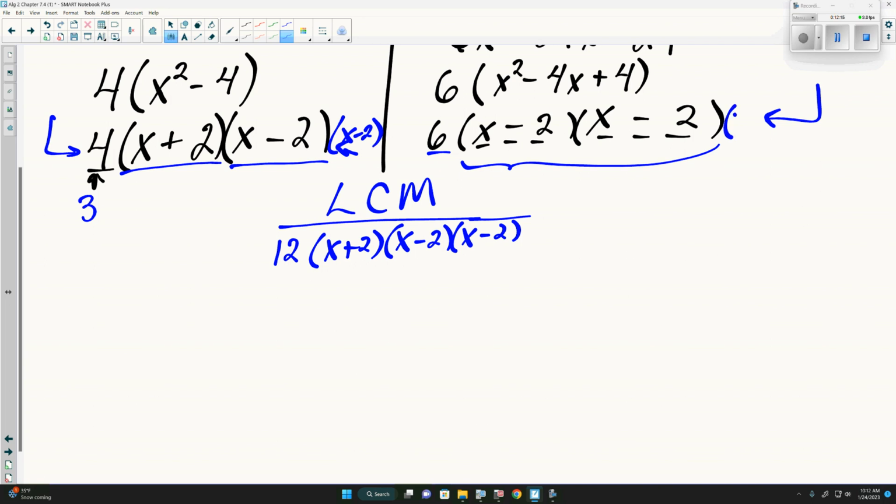It already has the 2 x minus 2s, so I can multiply it by an x plus 2, and 2, and now they are the same. This here, 12 times x plus 2 times x minus 2 times x minus 2, is the first expression that we can turn both of these into.